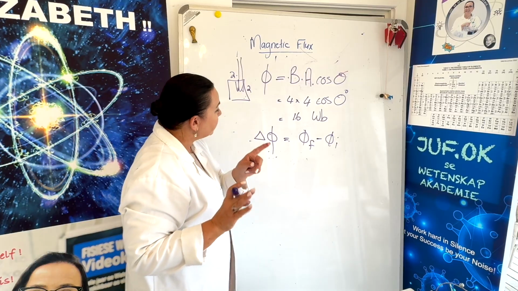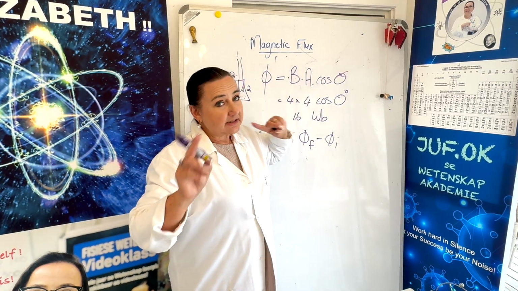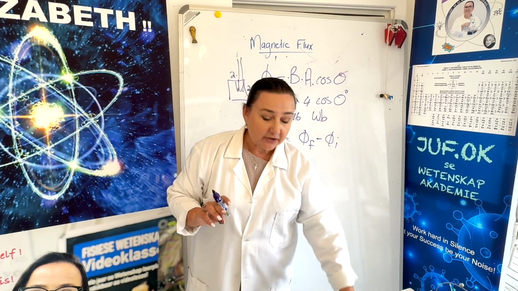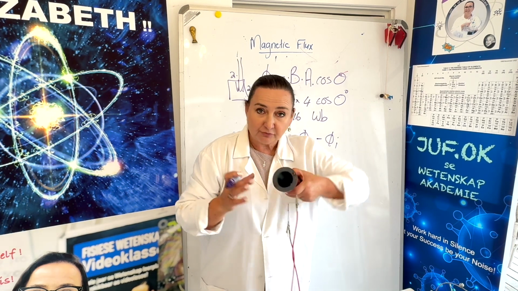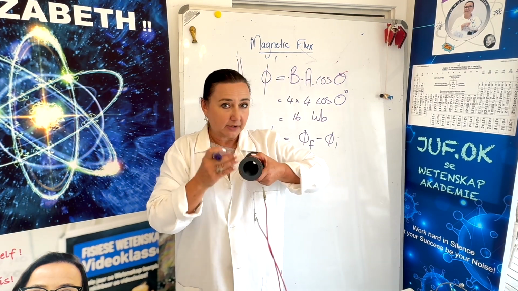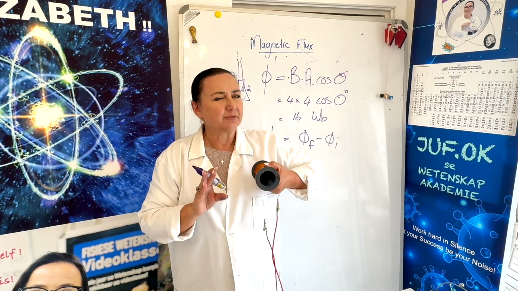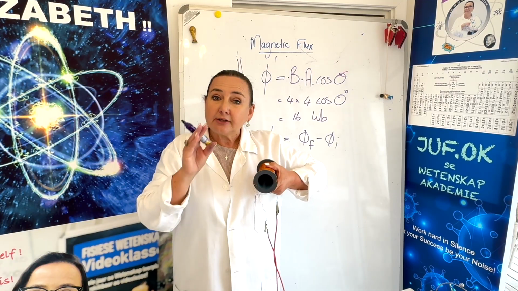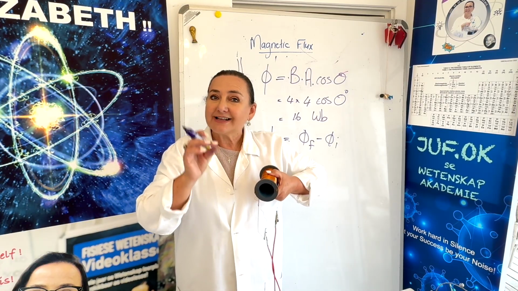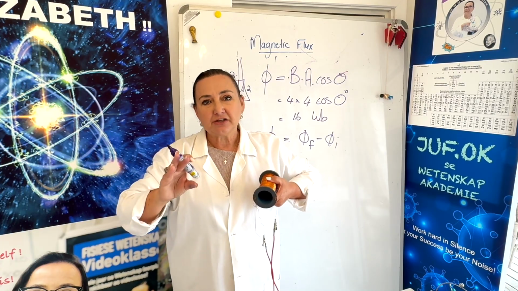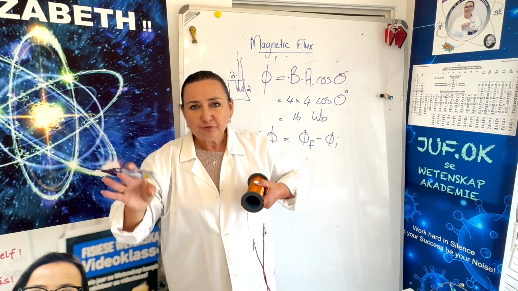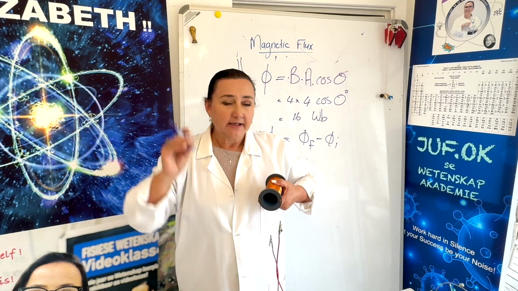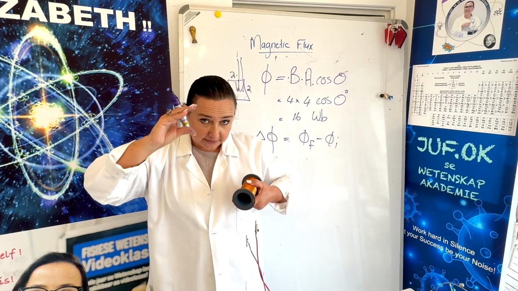So it could be, of course, the area is not so easy to change, the area of the opening of my solenoid so quickly. So the area is most of the time going to stay the same. But they could say that the magnetic flux density is changing from, let's say, 4 Tesla to 2 Tesla, depending on the density of your field lines.